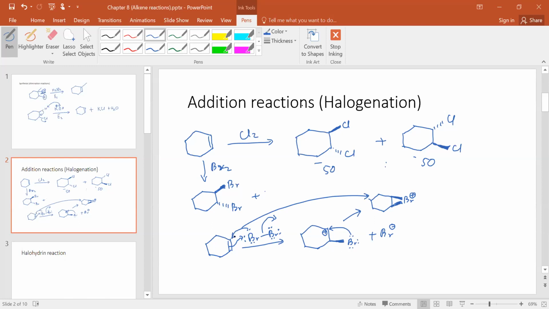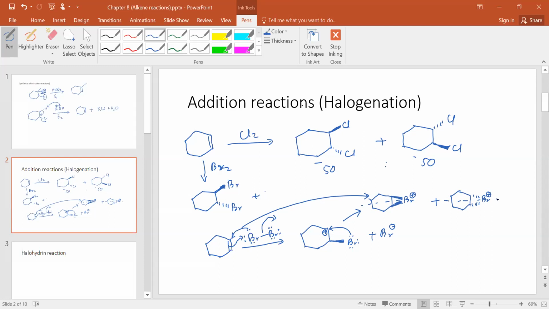Then another isomer will form, and both are actually the same, because they are C2 symmetric. In this case, these are the meso compounds.